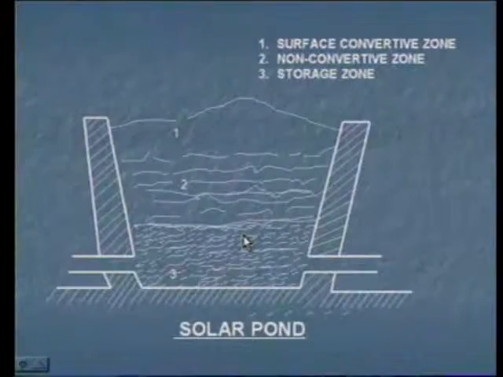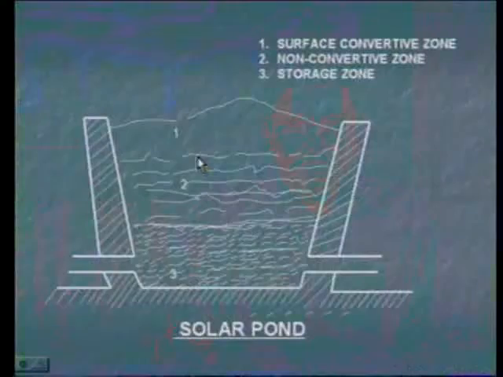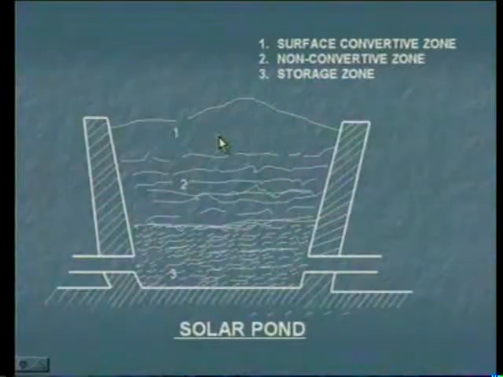Now the next slide is a solar pond, which is an application of solar energy. The first one is a solar pond. Most commonly, solar ponds are used to prevent the problem of convective heat losses from the solar tubs.